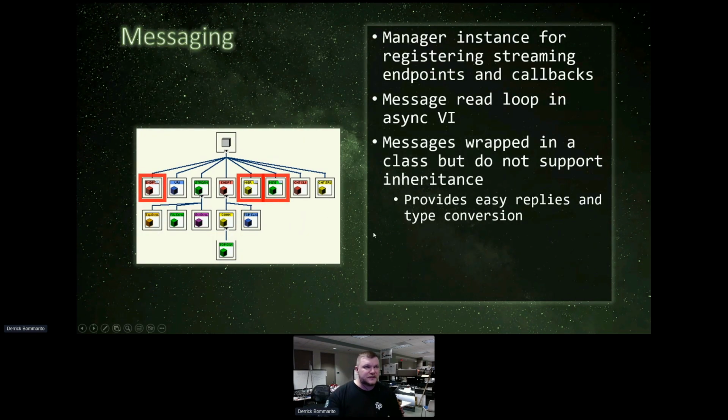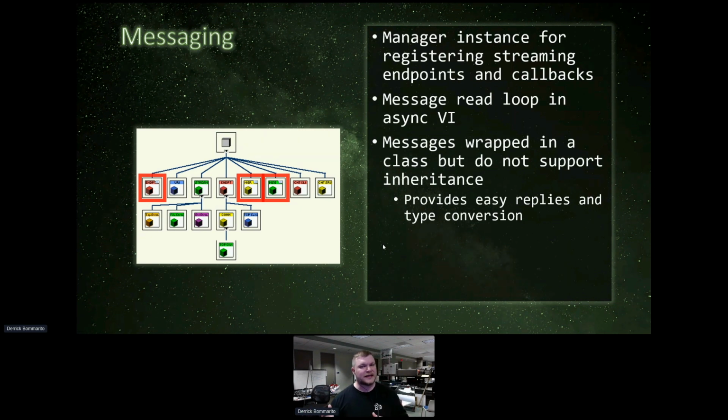So messaging, again, messaging runs in an asynchronous VI for the message reading. You do just tell it to send messages directly. You can send messages to specific endpoints if you kept track of specific endpoints. Messages do have a utility where you can reply to the specific sender of a message.